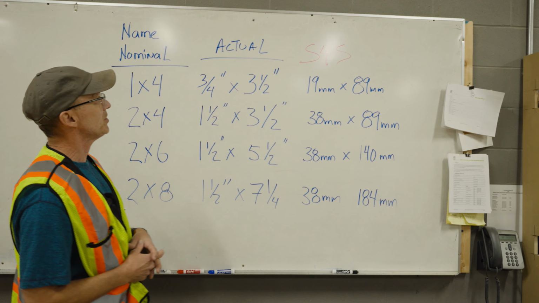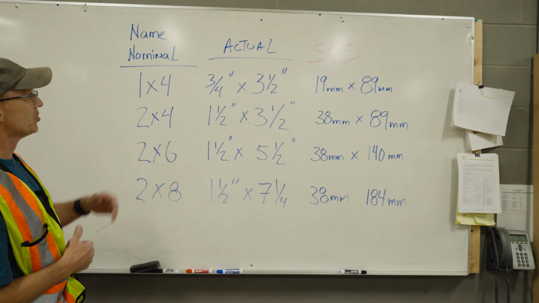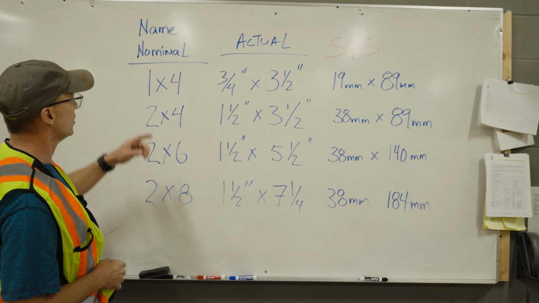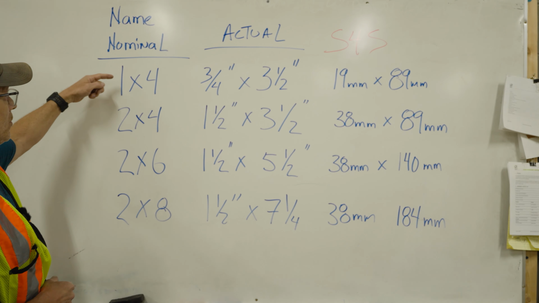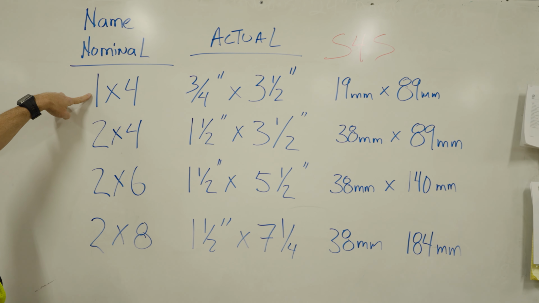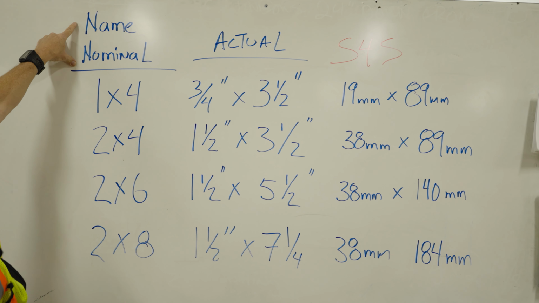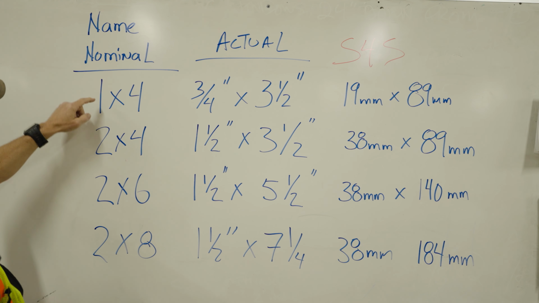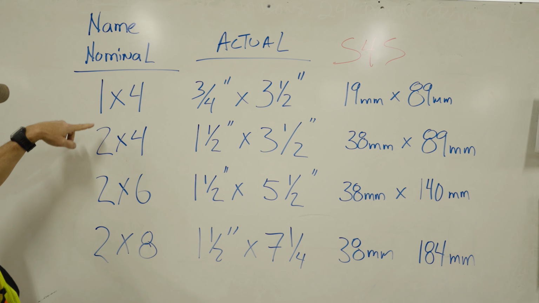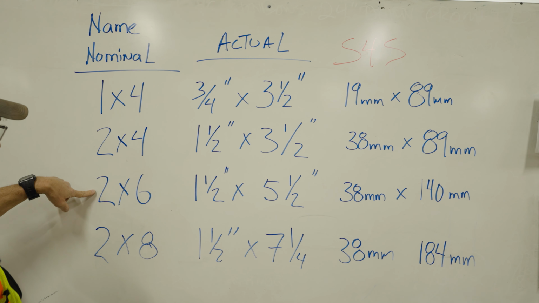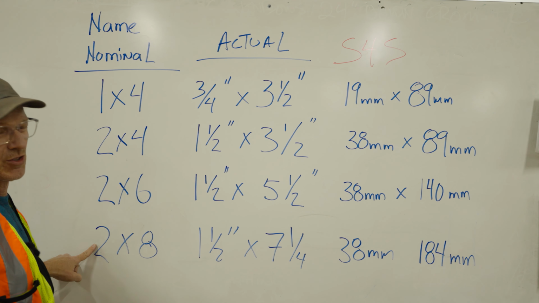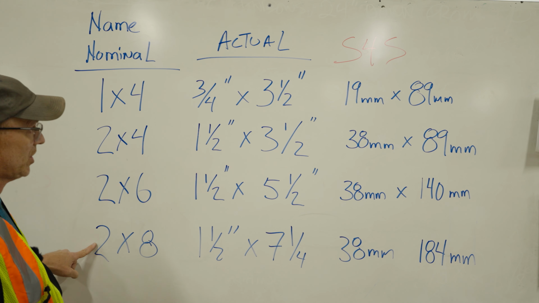So just some common sizes here. We just have a small chart here to take into consideration some common sizes. So we have 1x4. Again, this is our column with our name or our nominal dimension size, so we refer to it as a 1x4, a 2x4, a 2x6, 2x8, there's 2x10, there's 2x12 and such.